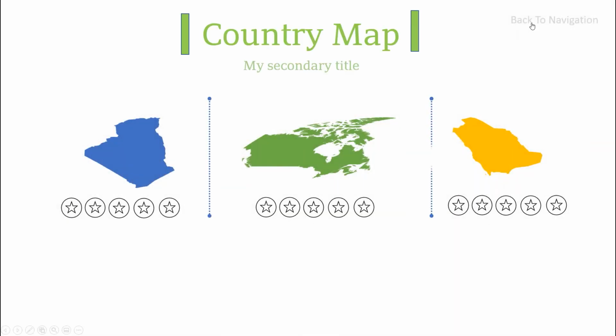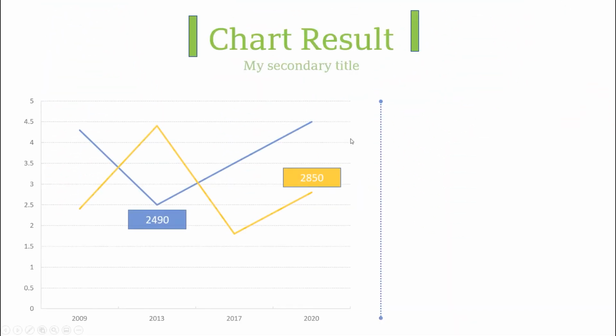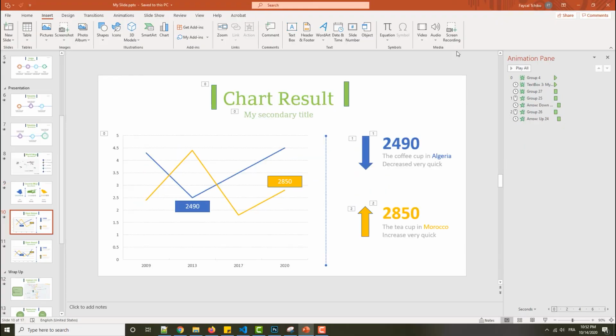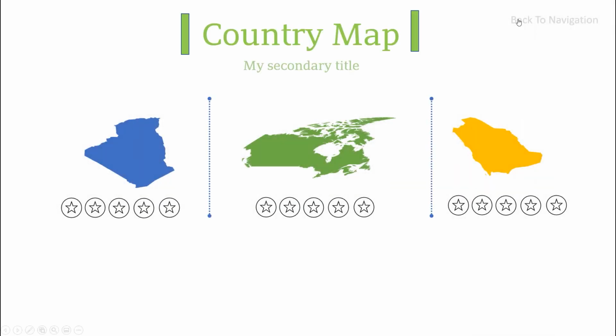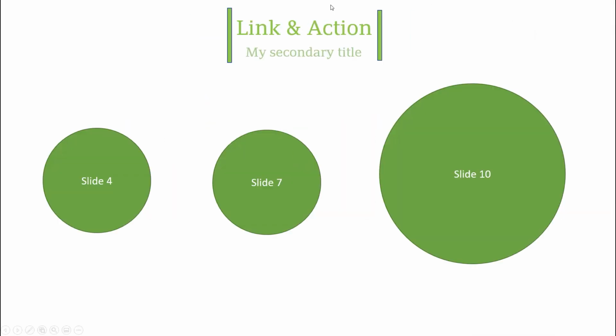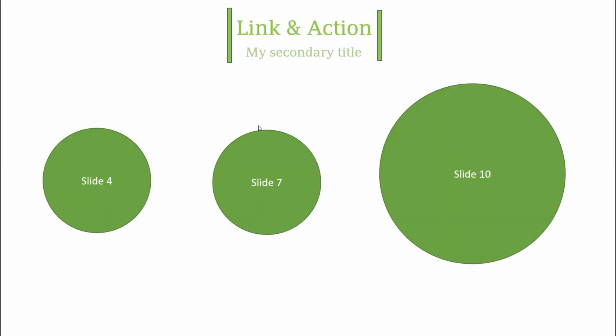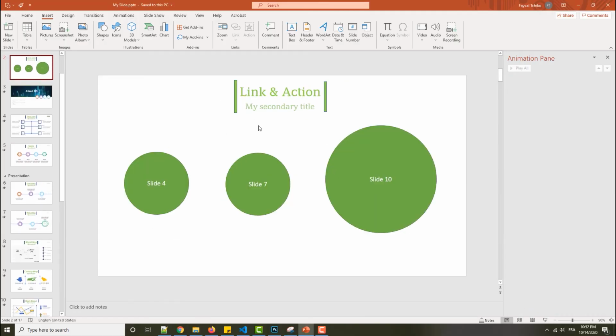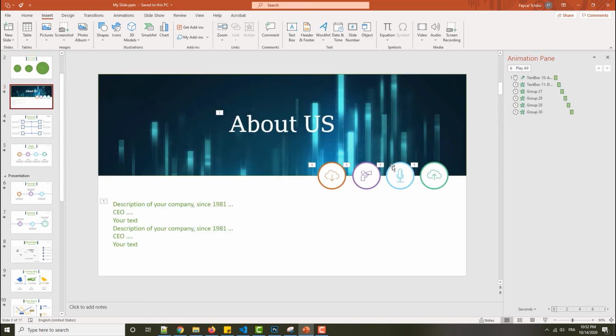Now, do you see? I didn't do it before, that is why I didn't see it. So as you can see, just by making a back to navigation link, I can come back to our presentation or the desired slide. I don't know why I passed directly to this slide, maybe I forgot something.